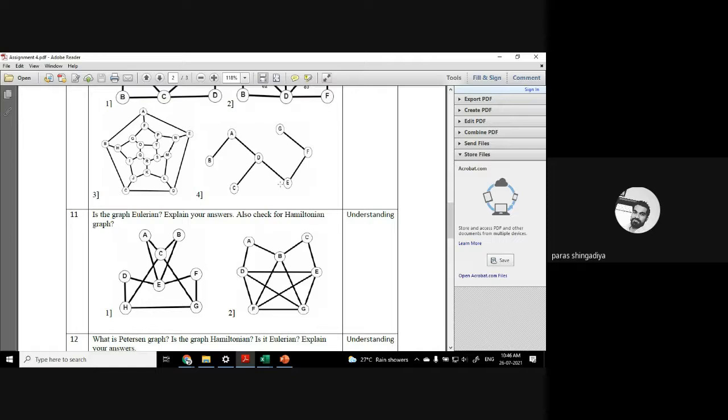Is it possible? Let's ask Janvi. Janvi, is it possible in the first graph? Is it Hamiltonian? No, it is not Hamiltonian. Very good. So here it is not possible.